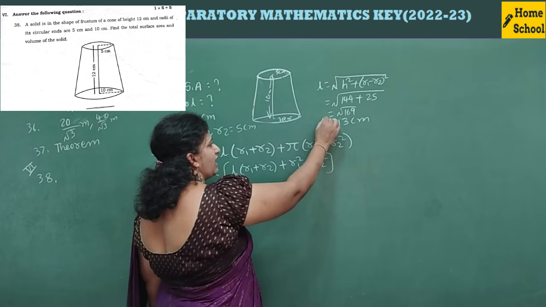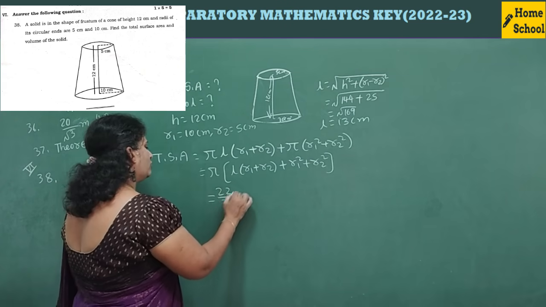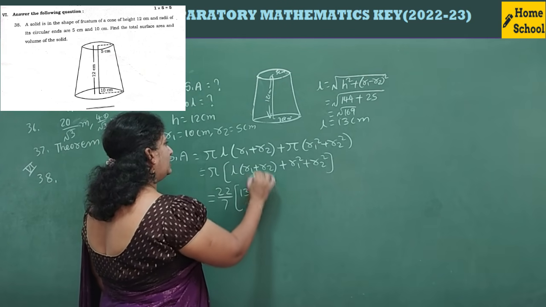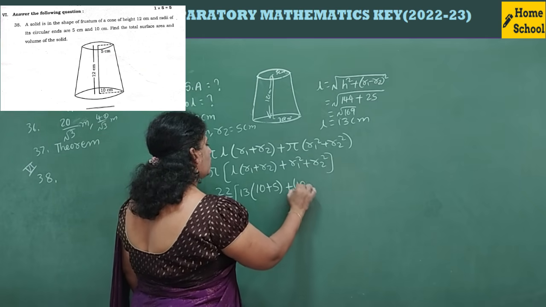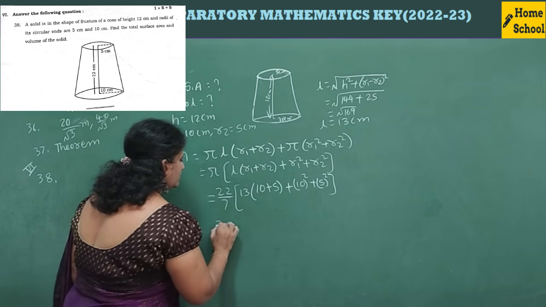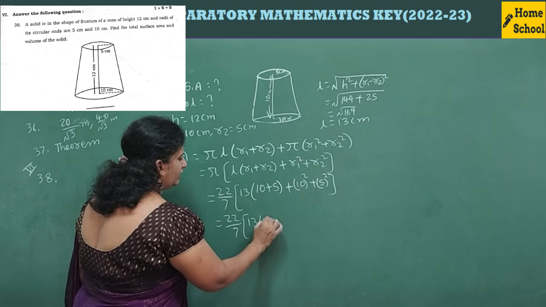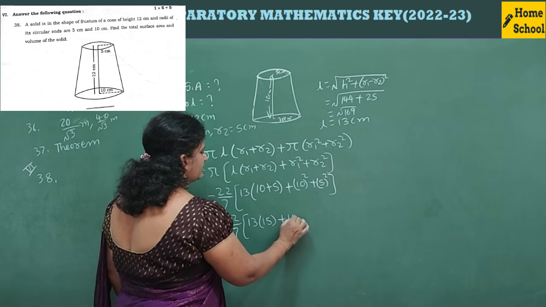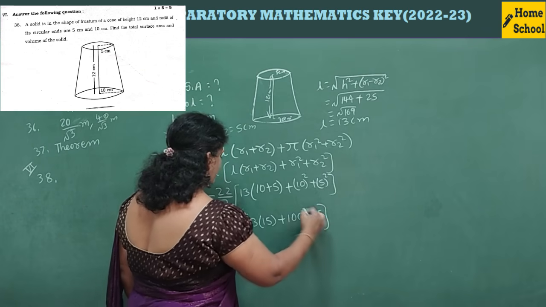What is the L value? 13 centimeters. Substitute pi value 22 by 7, into 13 into 10 plus 5, plus 10 whole square plus 5 whole square.